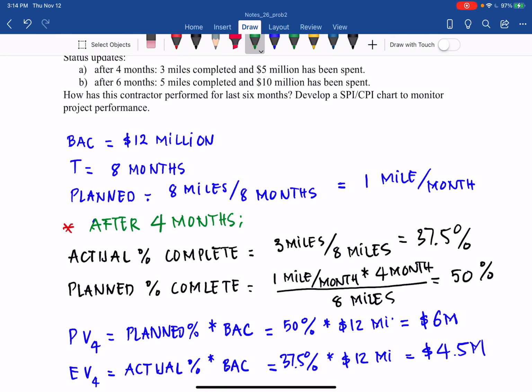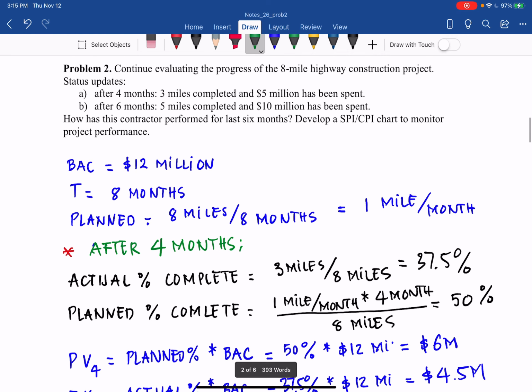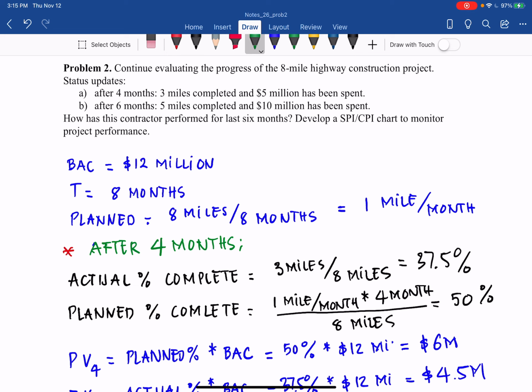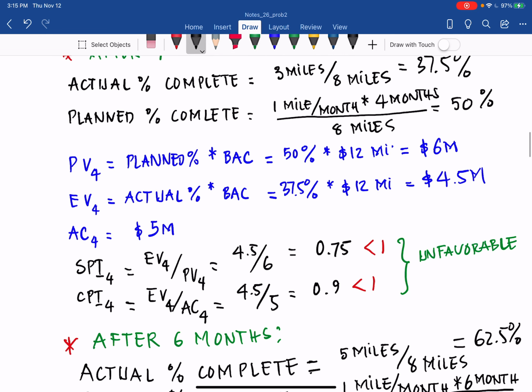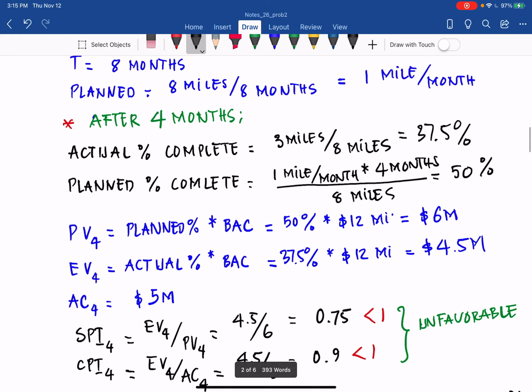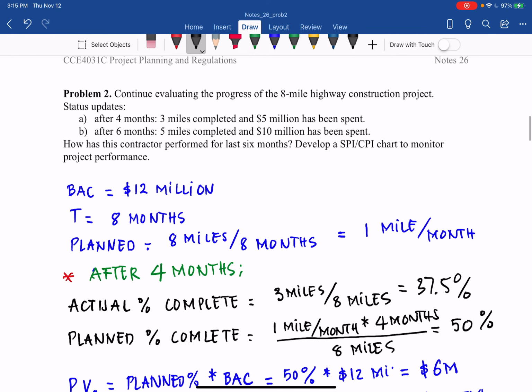The planned percent complete is 1 mile per month, as I explained in problem 1, and now it's 4 months, so the planned percent complete is 50%. So you can find PV at month 4, 6 million, EV at month 4, 4.5 million, and the actual cost is 5 million. It's given in this problem.